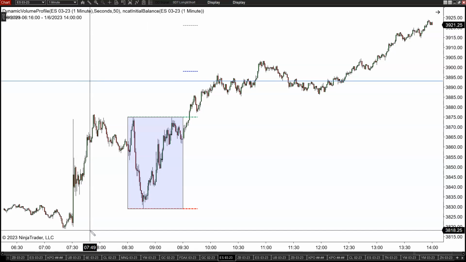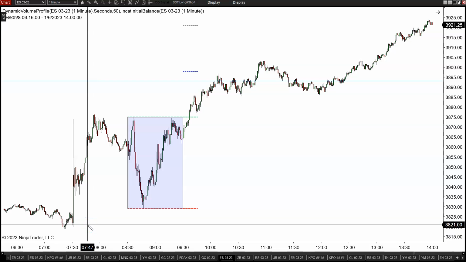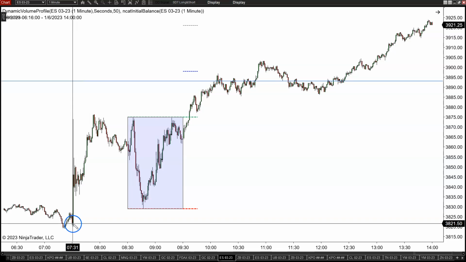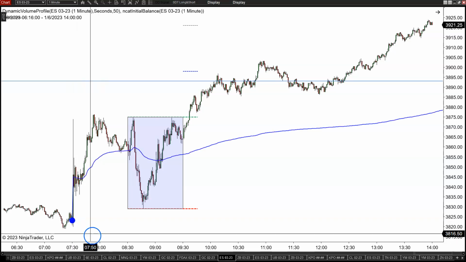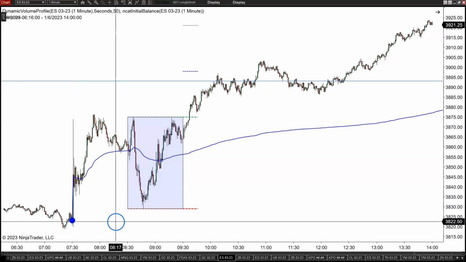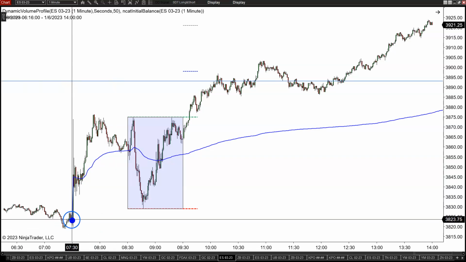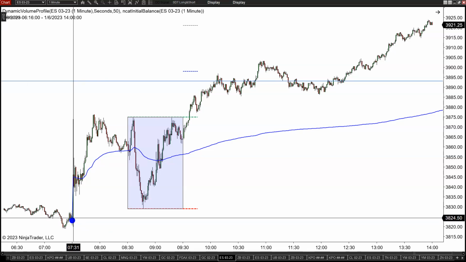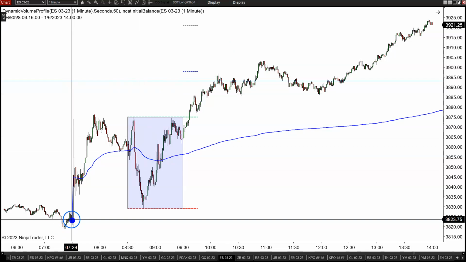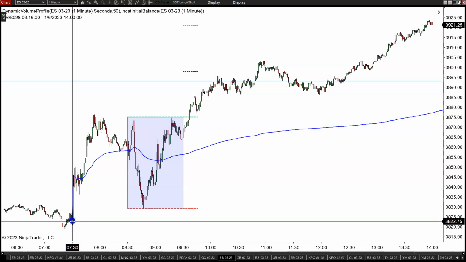I like to anchor it from important periods of time. One of the places, well, there's a couple places, obviously the number, when it came out at 7:30. I'm not really interested in everything that happened before in terms of VWAP. I'm interested in what happens after the number. Okay, so anchor it from there. Again, it's not really showing me, but you can adjust your anchored VWAP, right?